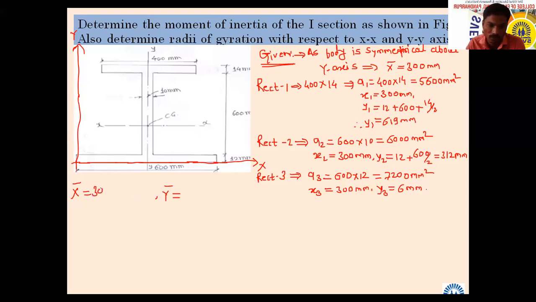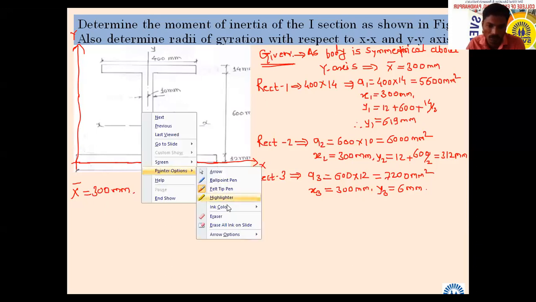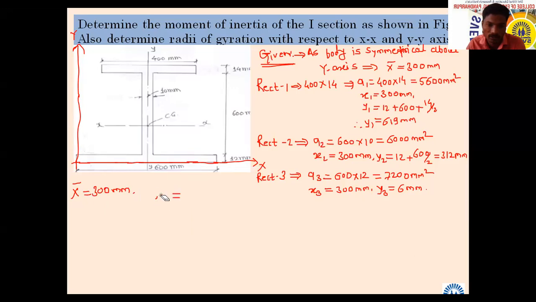I will write this directly, not the formula, because of the number of problems we solved. Still, if some students are unable, I will write that also. A1 x1 plus A2 x2 plus A3 x3 divided by A1 plus A2 plus A3. So it is 300 mm. Similarly, y bar.